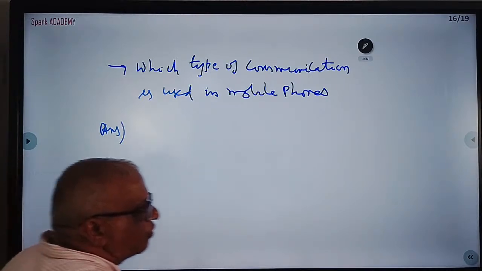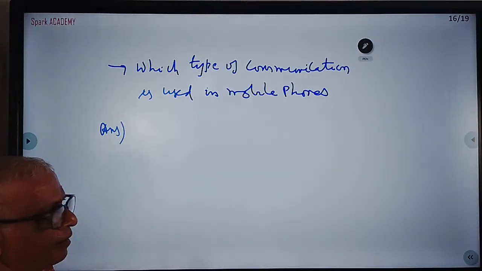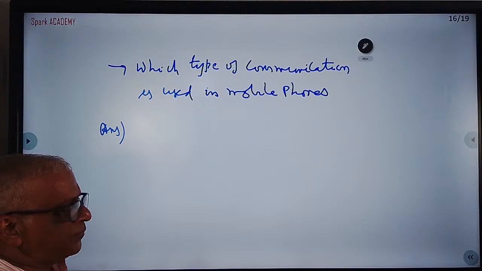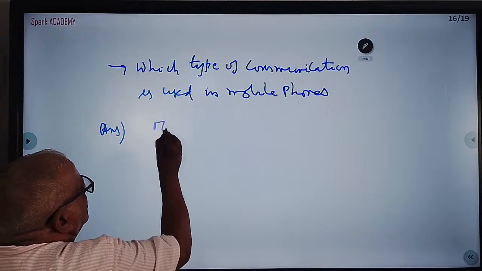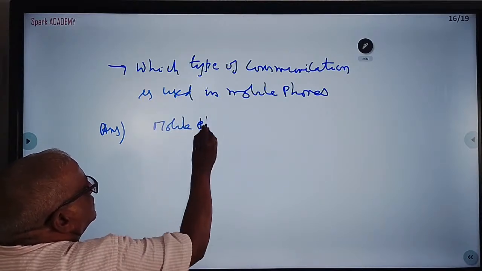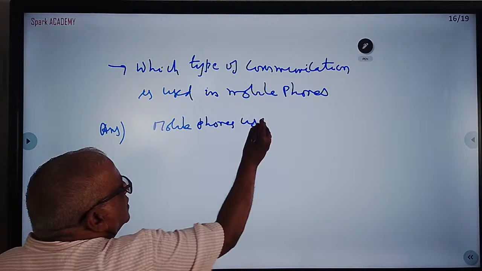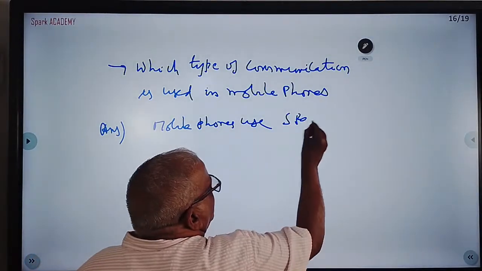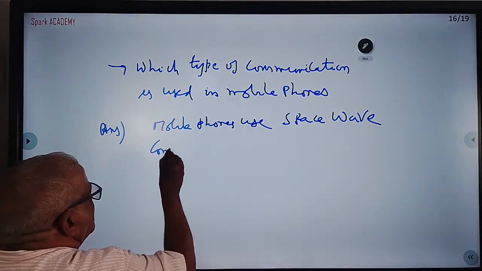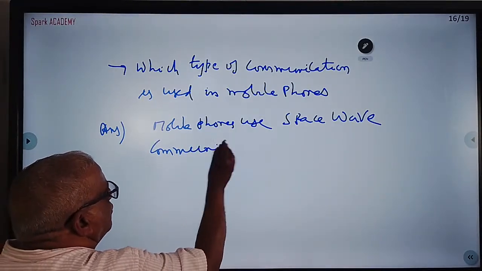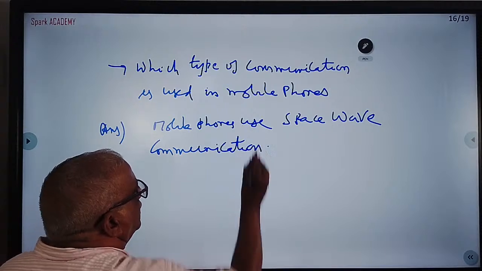There are three types of waves: ground wave, sky wave, space wave. In high frequency communication, mobile phones use space wave communication.